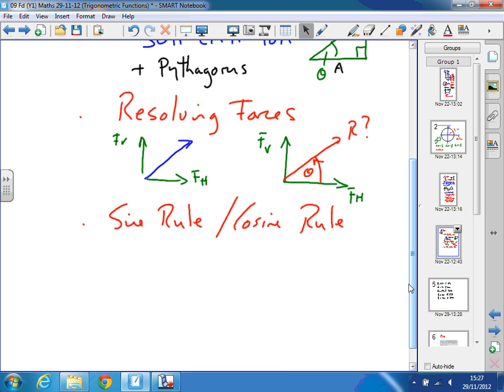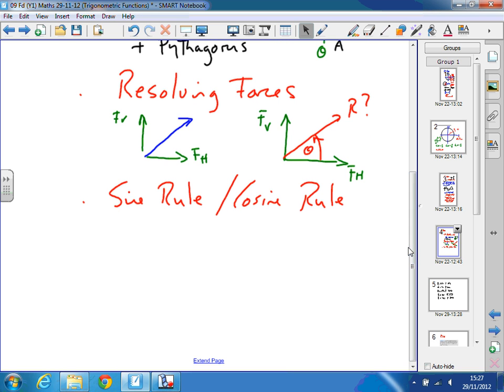And then the last one I want to give you a chance to look at is the sine rule and the cosine rule. The sine rule: a over sine A equals b over sine B equals c over sine C. Ring any bells?